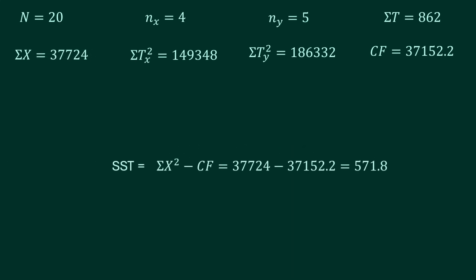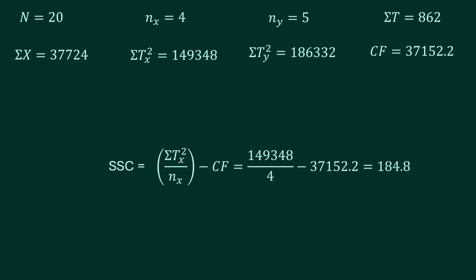SST equal to sigma capital X squared minus correction factor equal to 37,724 minus 37,152.2, 571.8.